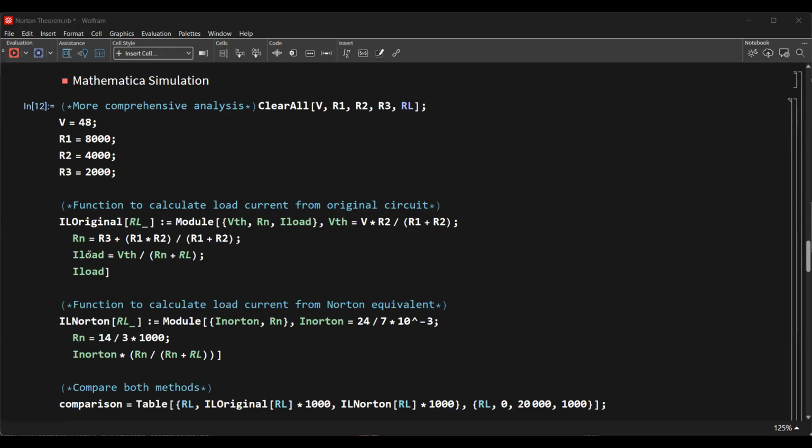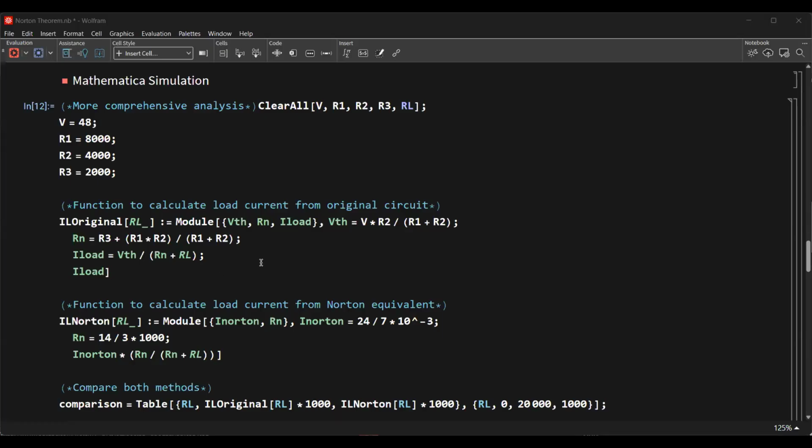And the load current is VTH over the sum of RN and RL. We use this formula because we have to remember that we use the original circuit here. So the load current is equal to VTH over RN plus RL.